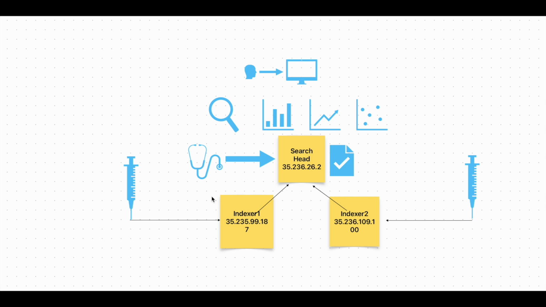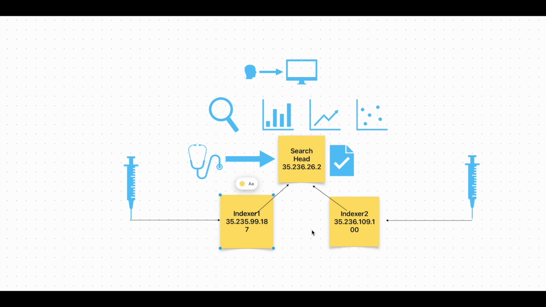If in case you want to create an index for indexer 1, indexer 2, you need to go to each and every instance, put an entry in indexes.conf, and then go back to the next one, then next, then next.